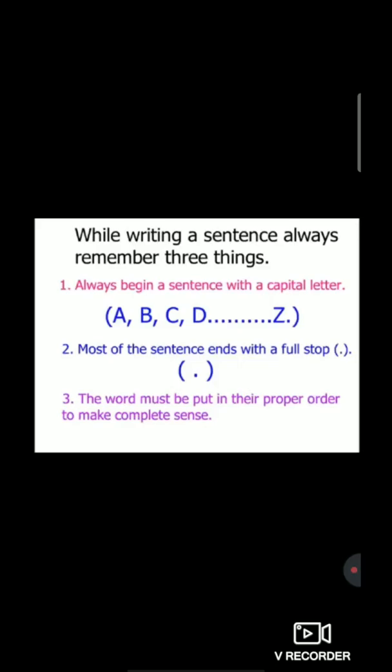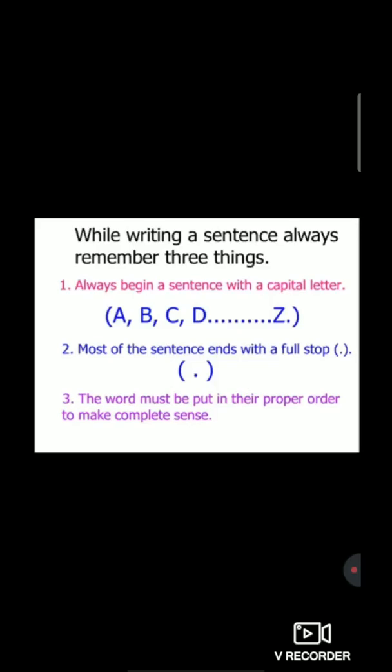In that, I explained whenever we start a sentence, the first letter should be capital, and at the end of the sentence, we have to give a full stop, right? Now, the third point, the words must be put in their proper order to make complete sense.